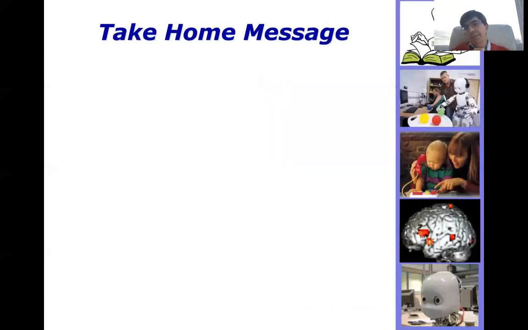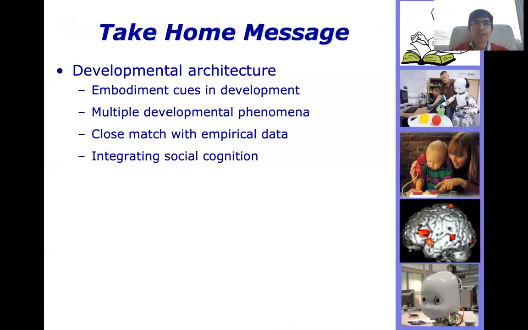So let me summarize this short presentation with a take-home message. What are the positive aspects of our research and the achievements? We show that embodiment is very important in various aspects of development, not only language, but also in social cognition and, for example, in abstract knowledge like number count. We used the same architecture for multiple phenomena, if you remember the first video on the language grounding.